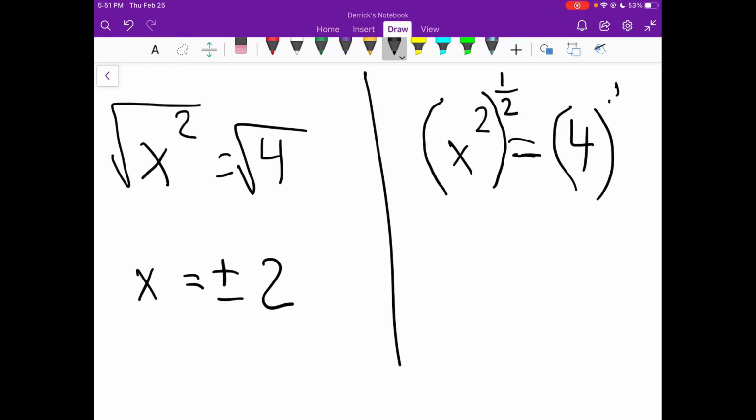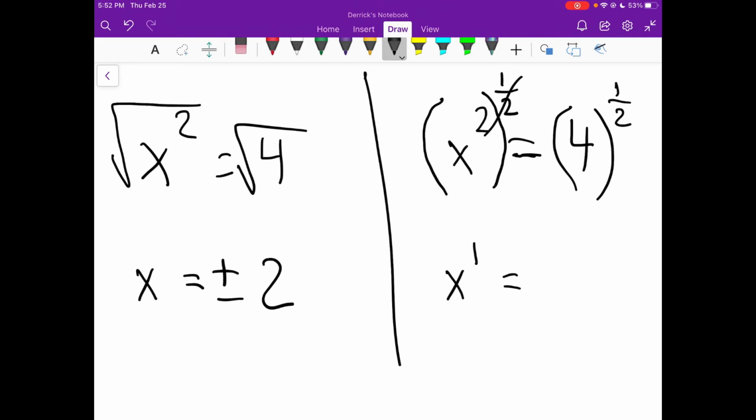If I take both sides to the 1/2 power, 2 times 1/2, which again is what the power of a power property says we'd have to do, would cancel out to just x to the first power, which would mean we have the answer we're looking for. We just have to figure out what 4 to the 1/2 power is.